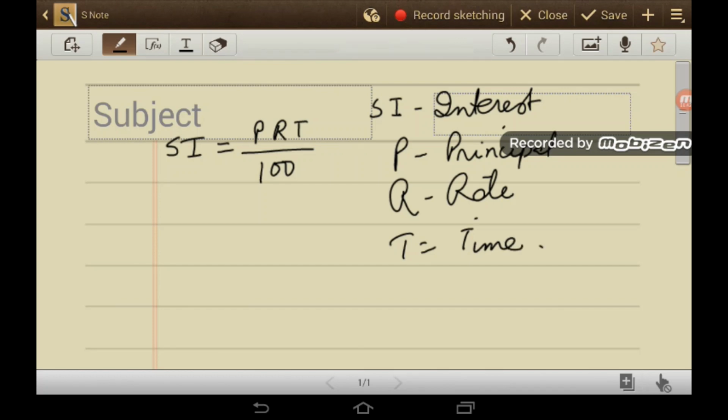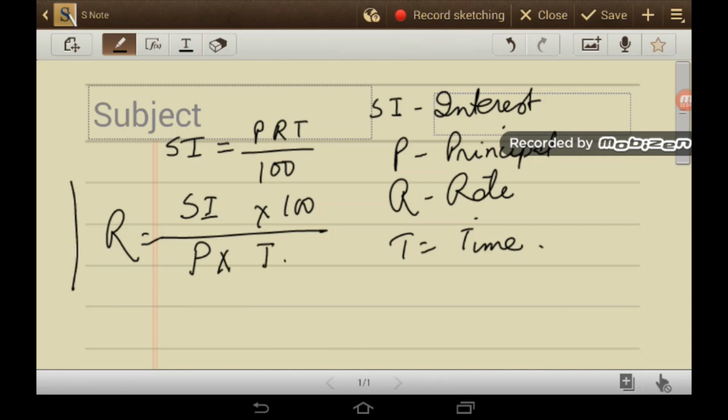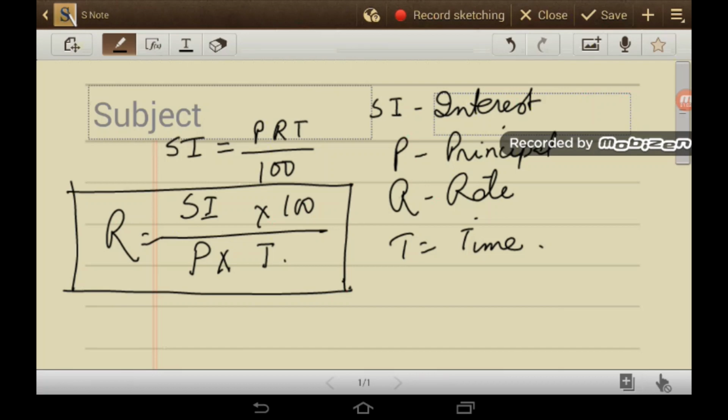So R is equal to SI into 100 by P into T. This is the basic formula that you have to remember in order to calculate the cost of equity or cost of debt.